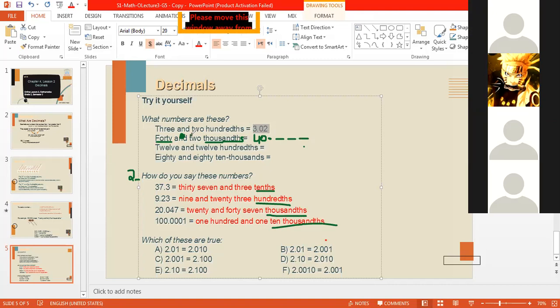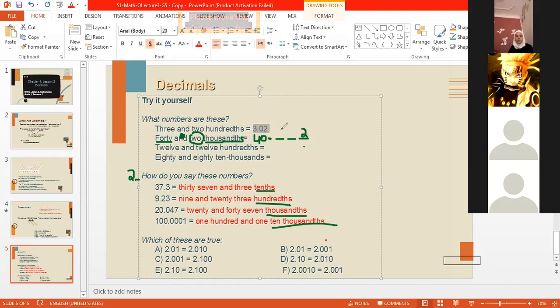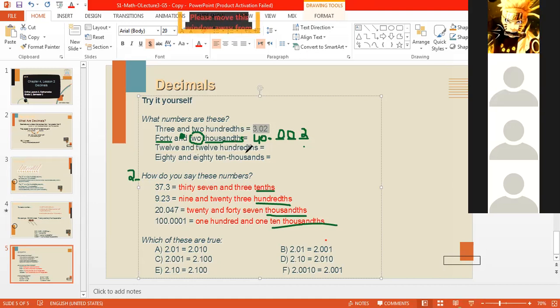But I only have 2. So where do I put the 2? At the end. And we put 0 in front. Every empty place is filled with 0. Okay? Easy.